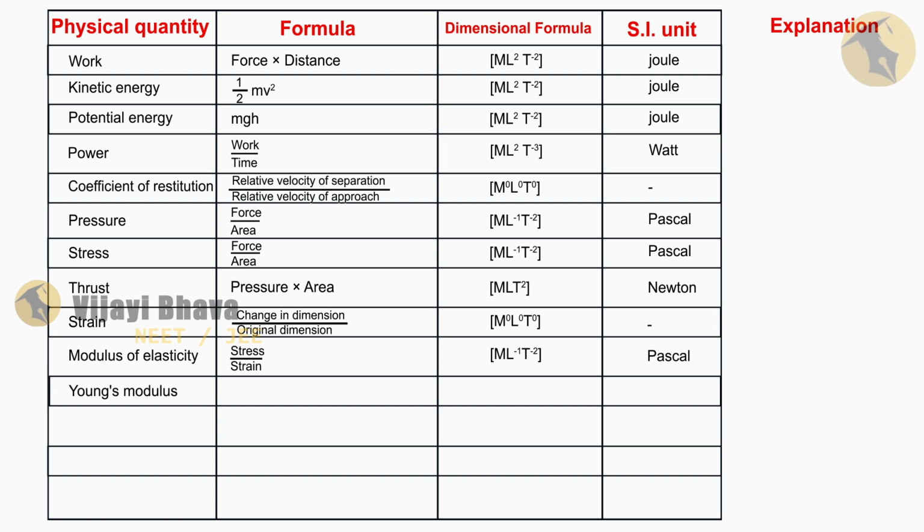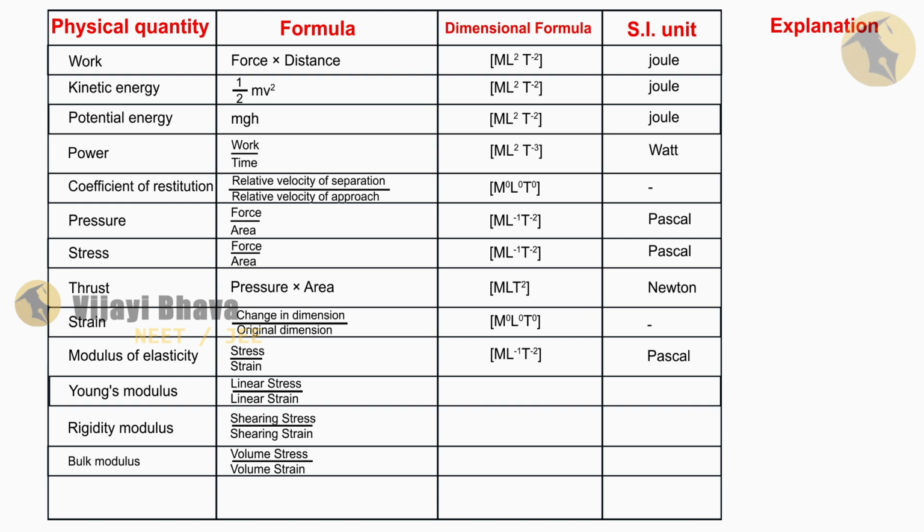Young's modulus will be the ratio of linear stress by linear strain. Rigidity modulus will have the formula shearing stress by shearing strain, and bulk modulus has the formula volume stress by volume strain. Whatever the type of strain it may be, strain does not have any dimensional formula.